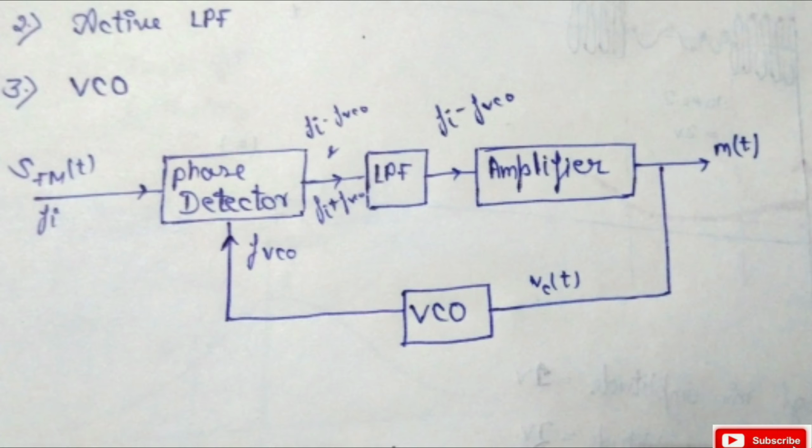The phase detector basically works as a balanced modulator, and as we discussed earlier in the generation of double sideband suppressed carrier, the balanced modulator works like a multiplier.